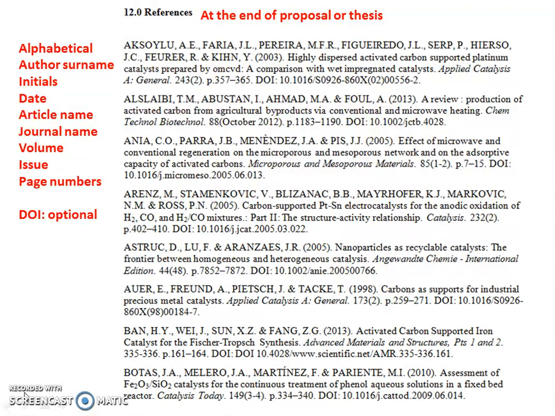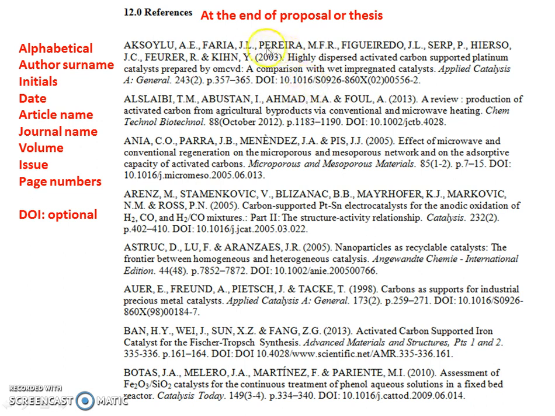When you use a Harvard style, you will order your references alphabetically. You will not number them. You will put them according to the author's surname alphabetically. You can see this author is Aksuwailu, so he's the first, and those are the initials. We don't write the full name of the authors, we only use their surname and then the initials.